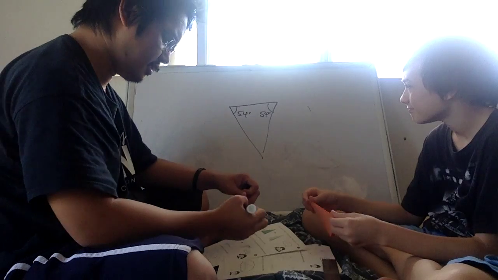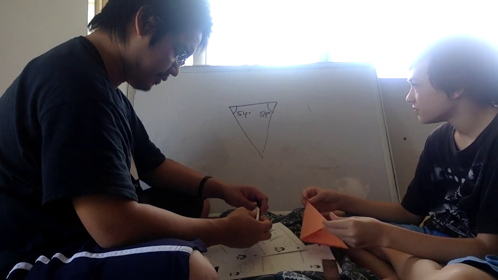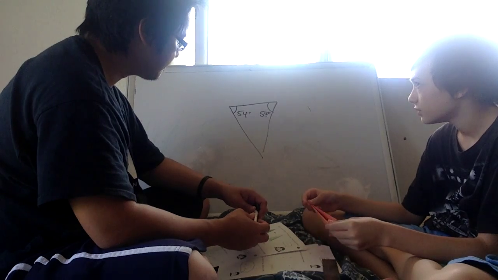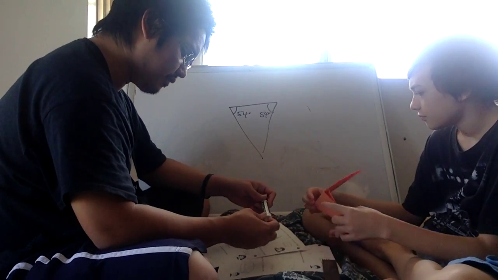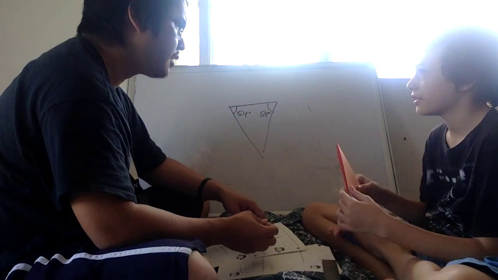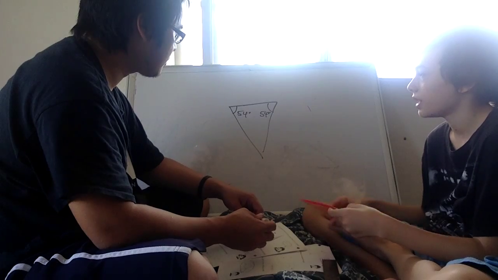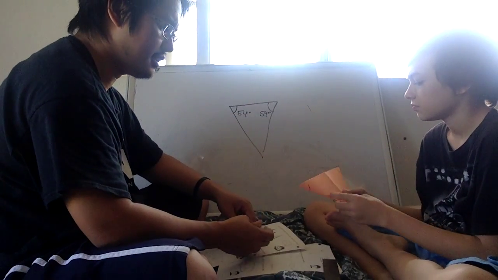Is this an isosceles triangle? Yes. How can you tell? Because it has 2 equal angles, and because the angles are equal, it has 2 equal sides. Does that make sense?